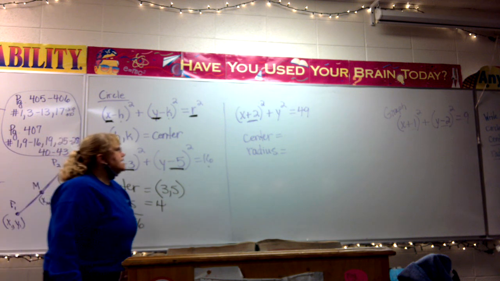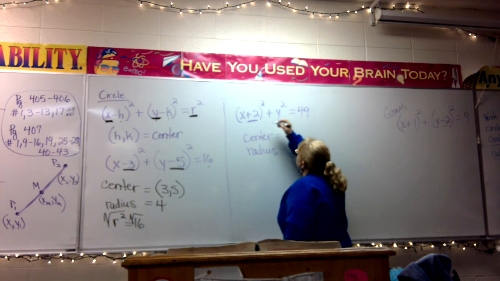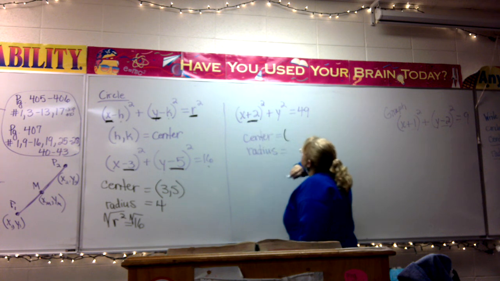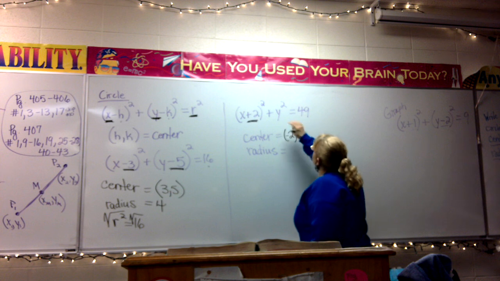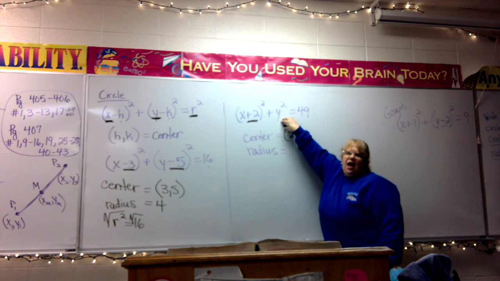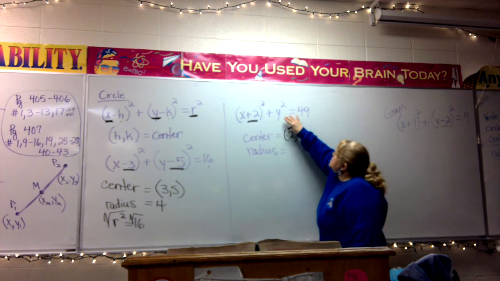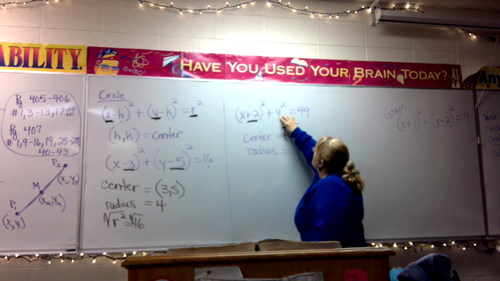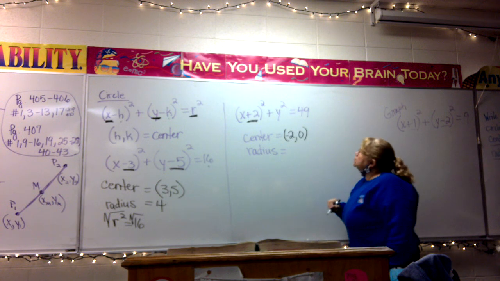How about over here? What's the center of this one? Well, it's the opposite. So the opposite of 2 is negative 2. What about here? There is nothing. 0. Right. If there is no value in here, that means that the k or the h, if it's with the x, that value has to be 0.